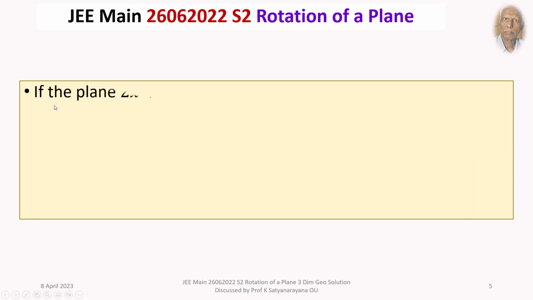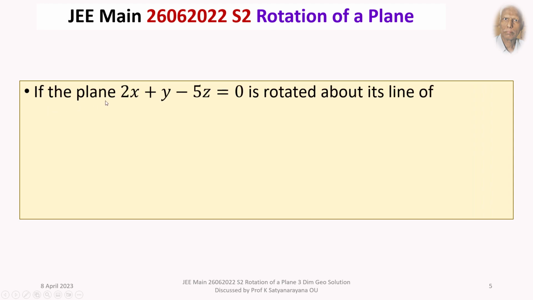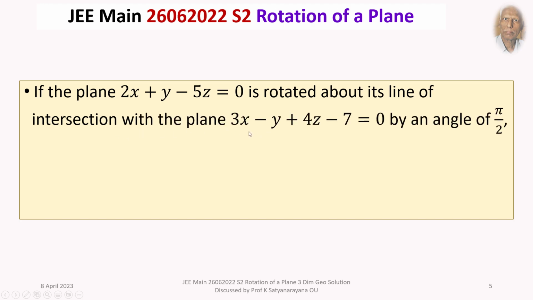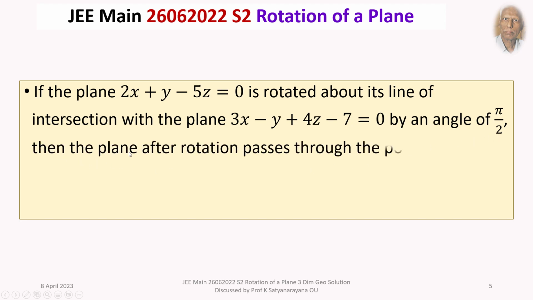The given question is, if the plane 2x plus y minus 5z is equal to 0 is rotated about its line of intersection with the plane 3x minus y plus 4z minus 7 is equal to 0 by an angle pi by 2, then the plane after rotation passes through the point.